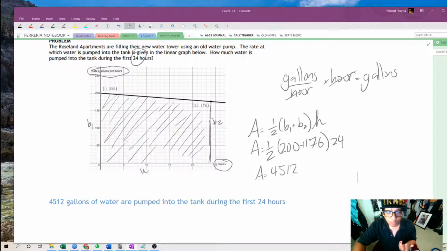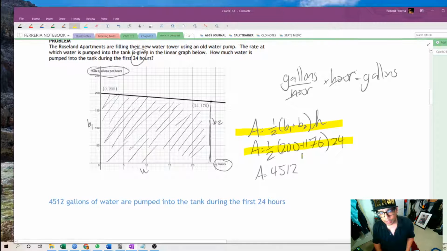Now, something that I also want to impress upon you is, as a calculus student, you need to be writing things in terms of equations at this point. Notice how there's an equal sign in all of the mathematics that we did.